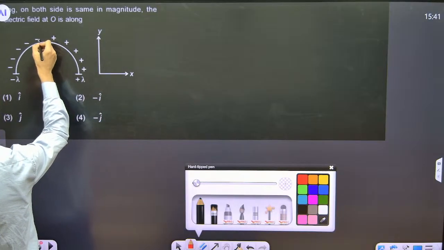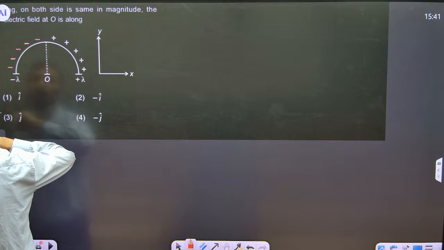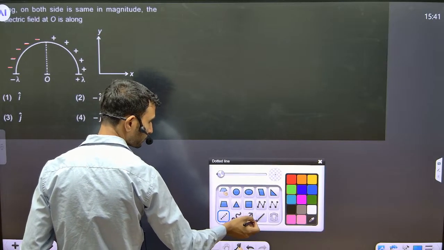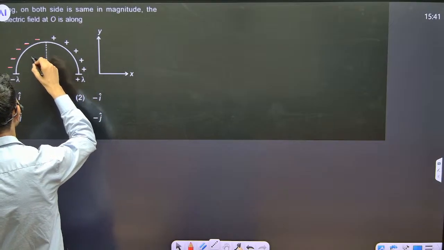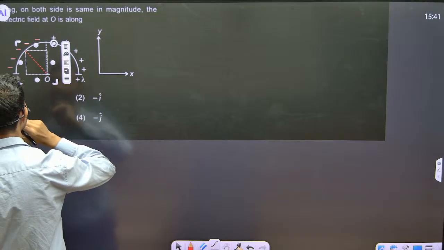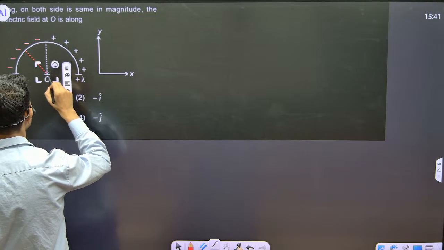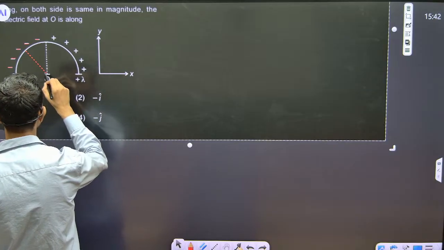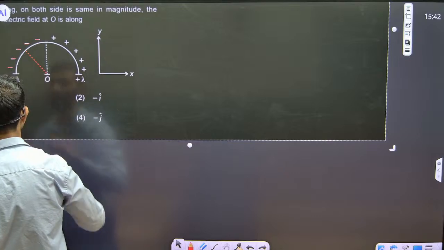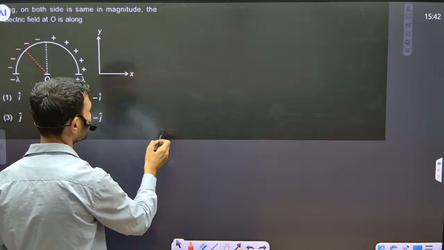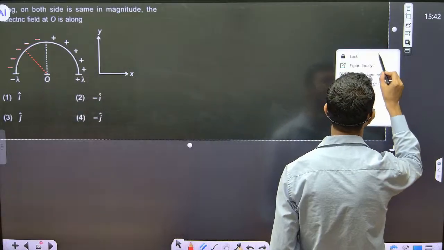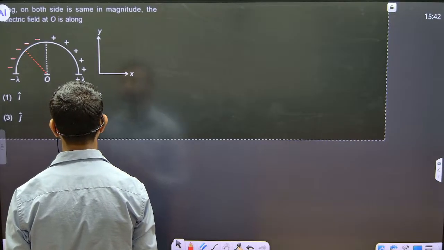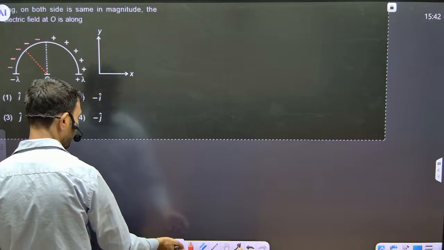One is negative charge, because of which the electric field will be along the angle bisector, like this. And the direction of the electric field will be along this line.